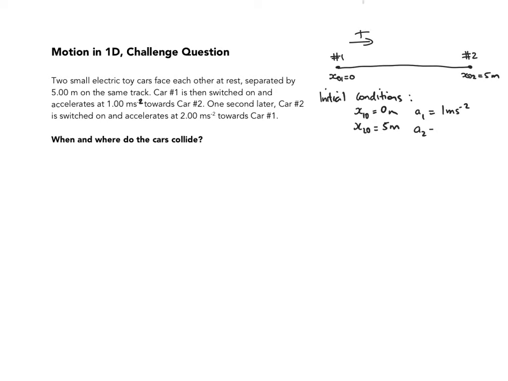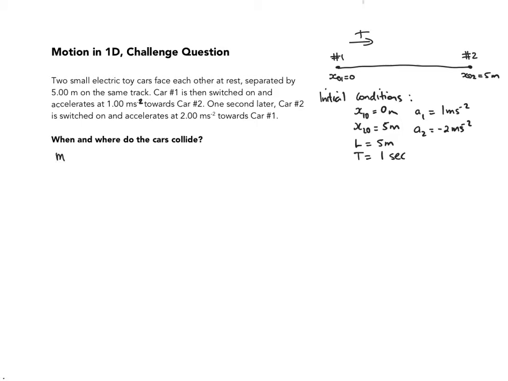The acceleration of car 2 is minus 2 meters per second squared as it's heading in the opposite direction. We have this distance between them, L, which is 5 meters, and we have a time delay, capital T, which is 1 second. So this is going to complicate things a little bit, this delay and also the difference in space, but we will see that we can sort this out.